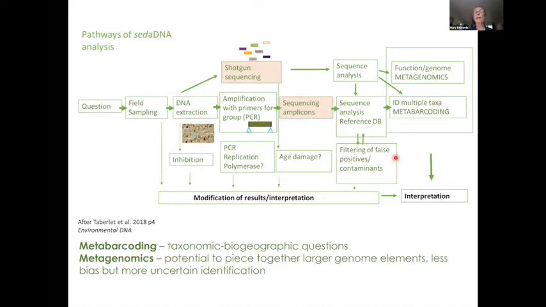And again, one might then apply very particular catalogues to it, or one might try to find as many portions of the genome floating around in that DNA soup as possible. So less bias, but often more uncertain identification, but the potential to cobble together larger genome elements. So these are the ways that one can approach using ancient DNA.